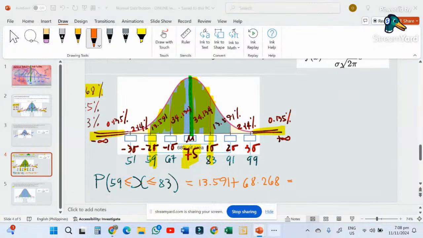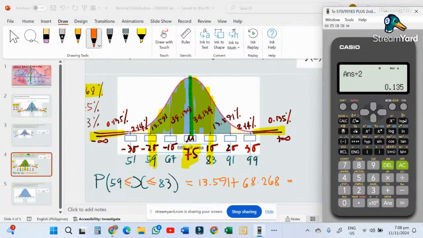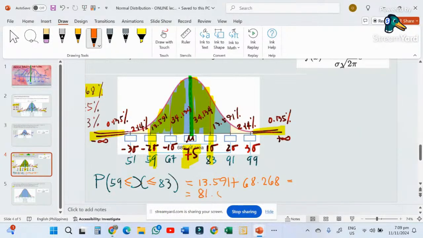What would be the percentage of students having a score from 59 to 83? What's the percentage of the class? So we're just going to calculate using my calculator, 68.268 plus 13.591. So that would be 81.859. So that's the answer. 81.859%. That's what it means.